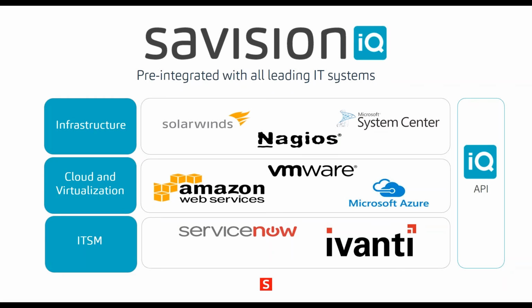We also integrate with most of the major public clouds, AWS and Microsoft Azure, so if you've got any distributed applications, we can take a feed from that as well. Also VMware vCenter, and we see this as bridging the gap between your infrastructure tools and your ITSM platforms. We integrate today with ServiceNow and Ivanti.